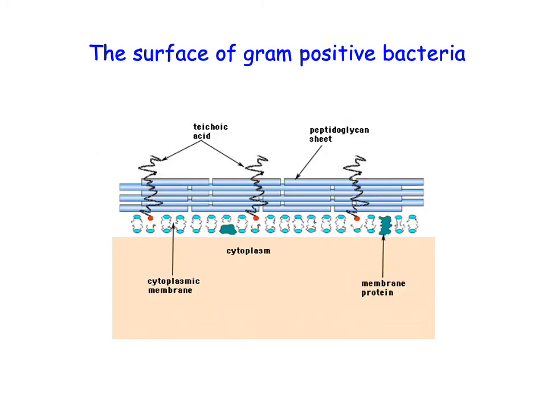So this is shown in another schematic here, showing on the bottom the inside of, in this case, the gram-positive bacteria. That's surrounded by the cytoplasmic membrane, which is a lipid bilayer, and again with proteins embedded into that bilayer or spanning it. And then on the outside of that, a thick layer of this cross-linked peptidoglycan.